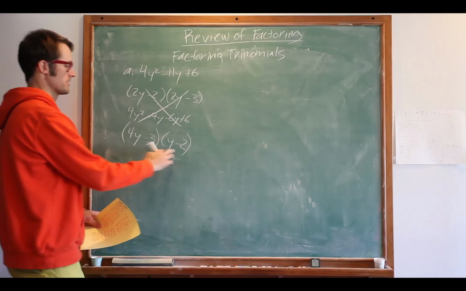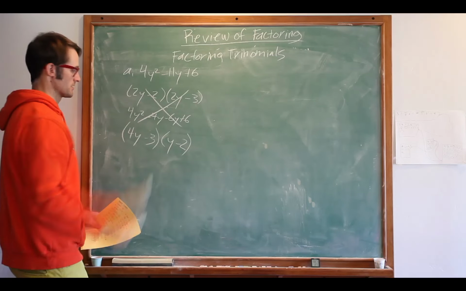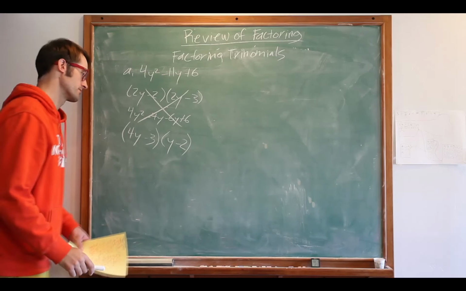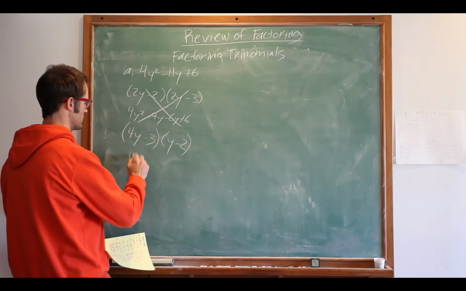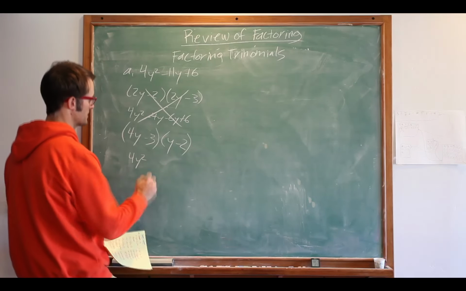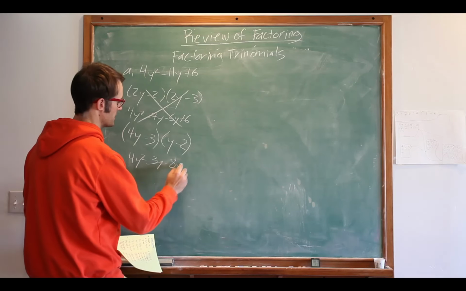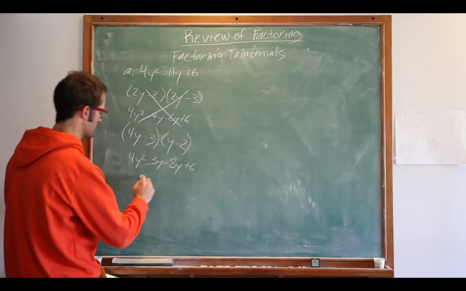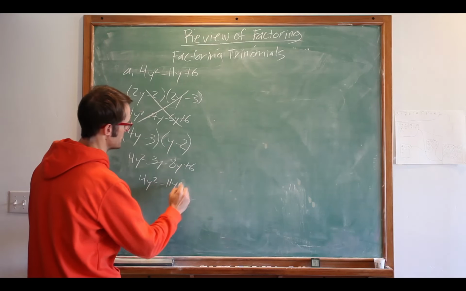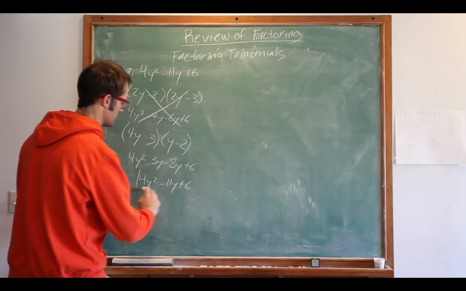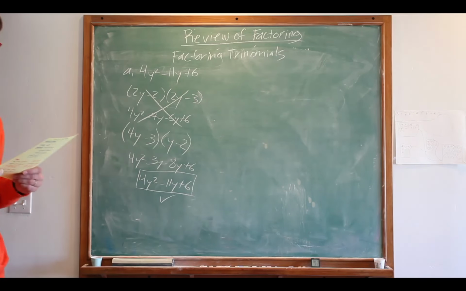So whatever is in the spot of these two places has to get me to a positive 6 and a negative 11. Okay, so let's try this. So what does that equal? 4y squared minus 3y minus 8y plus 6, and that is equal to 4y squared minus 11y plus 6, so that works. Check. Great.